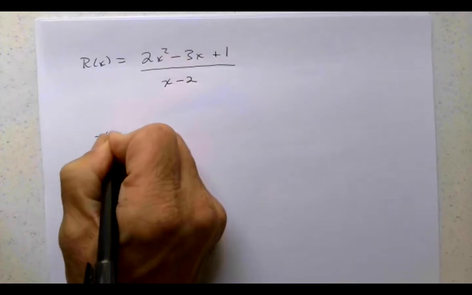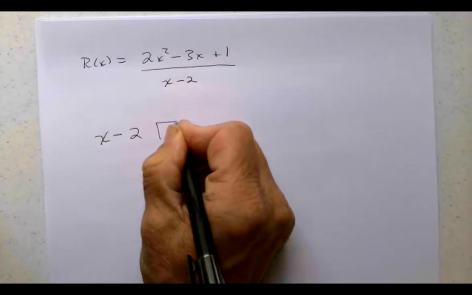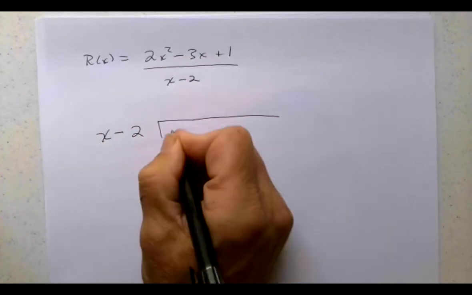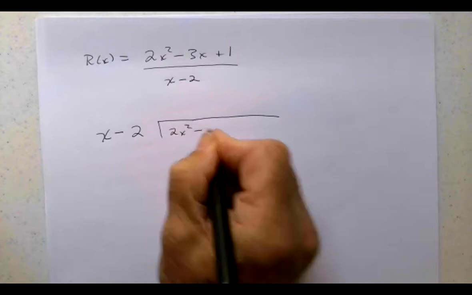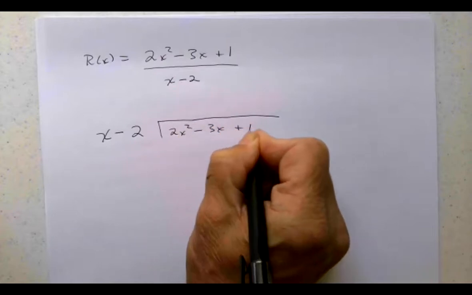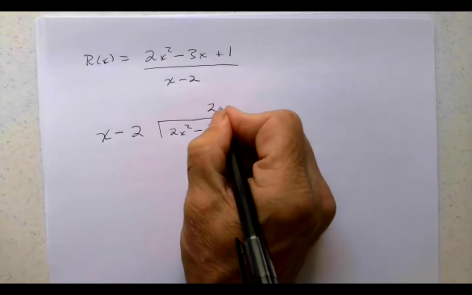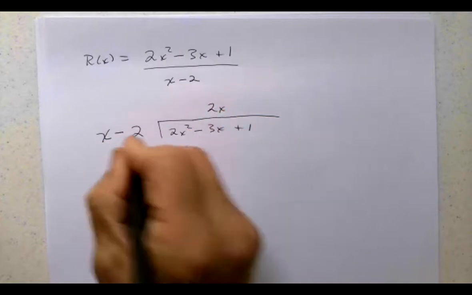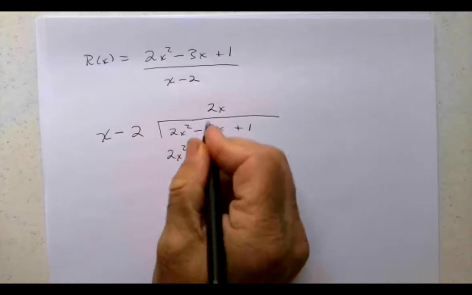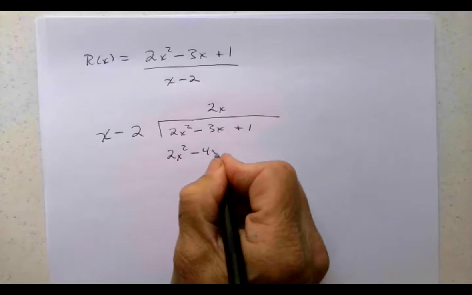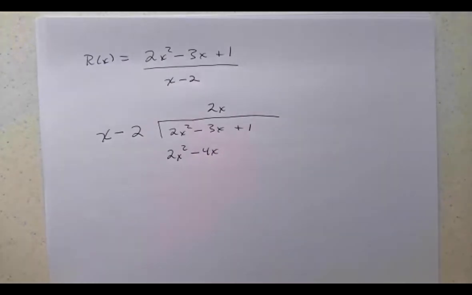I'm going to take long division, x minus 2 into 2x squared minus 3x plus 1. 2x squared divided by x is 2x. Multiply 2x times x, 2x squared. 2x times negative 2 is negative 4x, and then subtract.